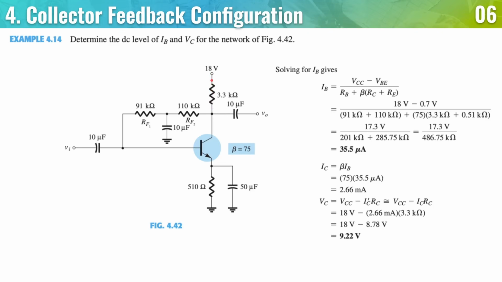Whether it's located here in the middle, ideally it's right here, or sometimes it can be illustrated as here, know that there is a source minus a voltage drop. So it's the same idea. That's 18 volts minus the voltage across this resistor at the collector. And that's how you get 9.22 volts.